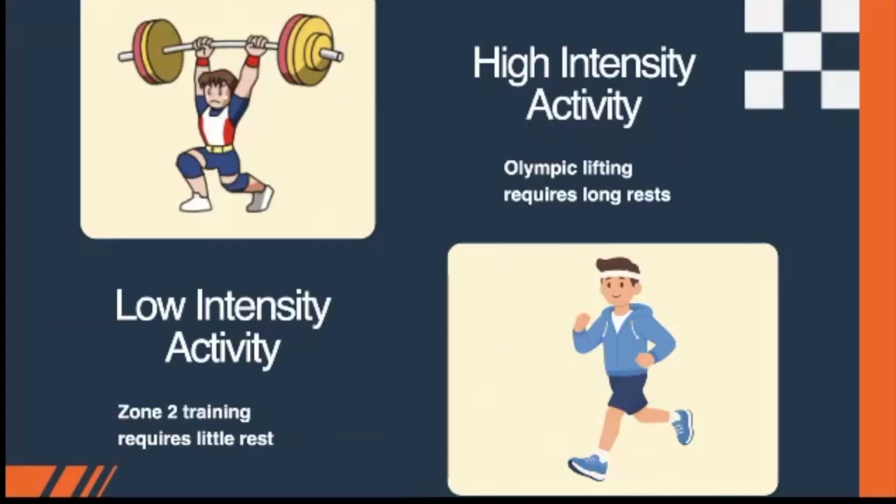So we have low intensity activity. We call this zone two training. It requires little to no rest in between bouts of activity. For example, whenever I'm doing a high volume block for rowing, usually if I have the time and I'm trying to recover, because the more you recover in between bouts of activity, the longer you can usually go, right?